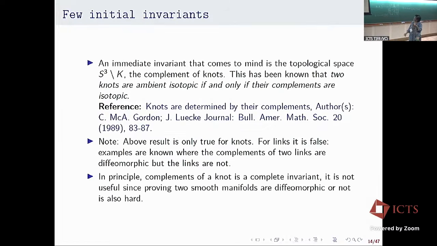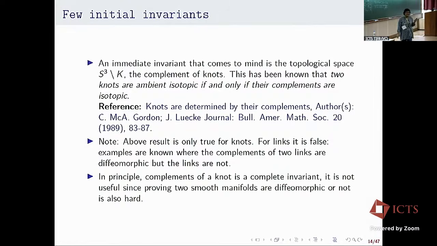So some initial invariants. I don't know if you're familiar with this. Given a knot, there is a group attached to it, which is called the knot group. That group in topology is basically you take the complement of the knot, and there is something in topology called the fundamental group of a topological space.